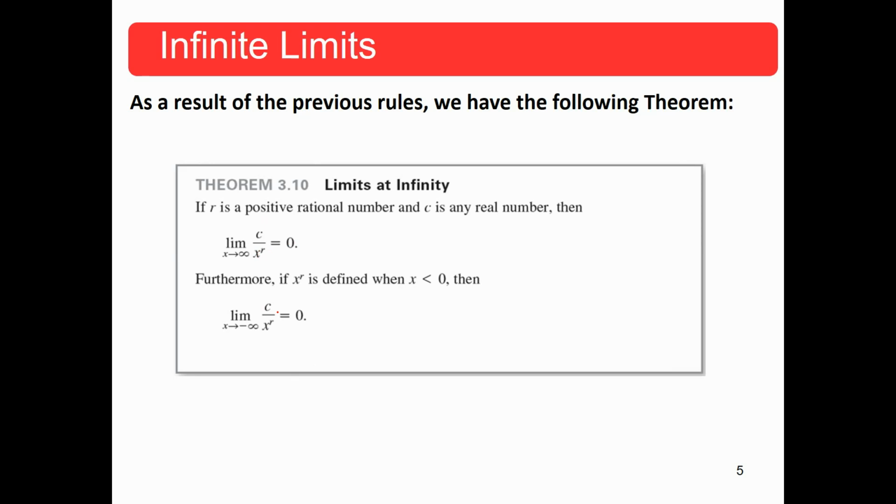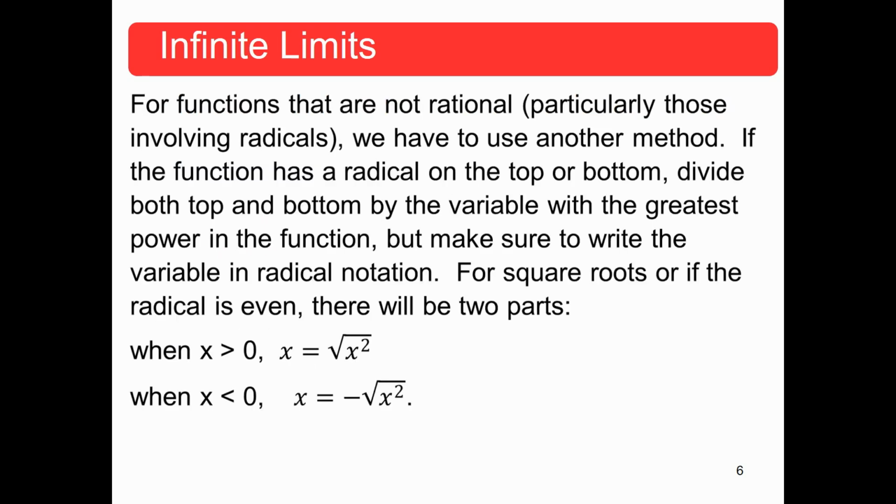We're still approaching 0. Now, for functions that aren't rational, and these are particularly those that have radicals in them, then we have to use another method, okay? We can't just look at them because all of those rules only apply to rational expressions. So if the function has a radical on the top or bottom, what we have to do is divide both the top and the bottom by the variable that has the greatest power in the function, okay?